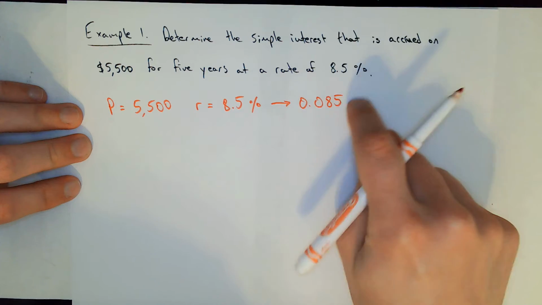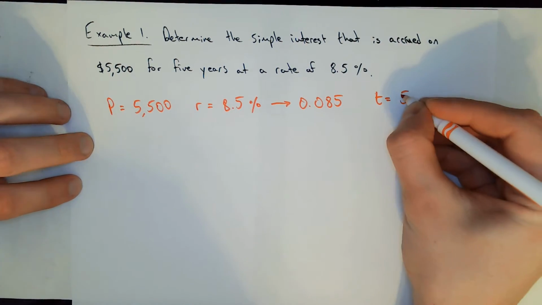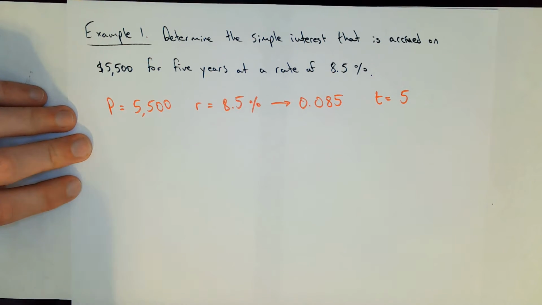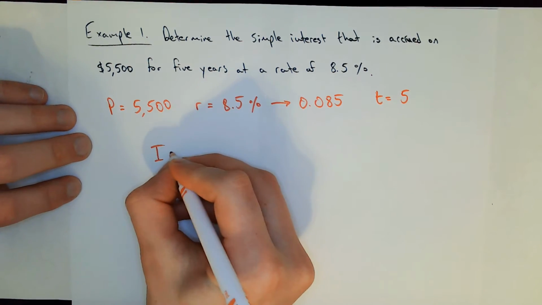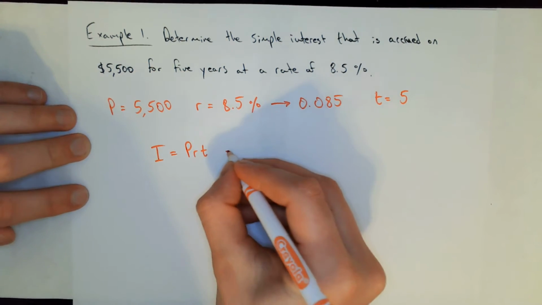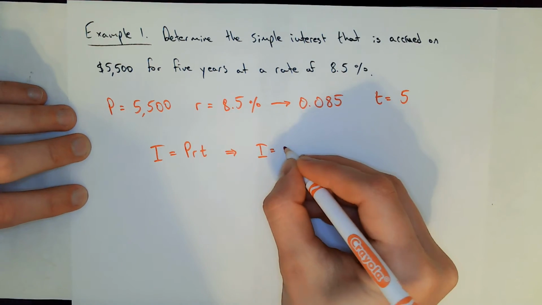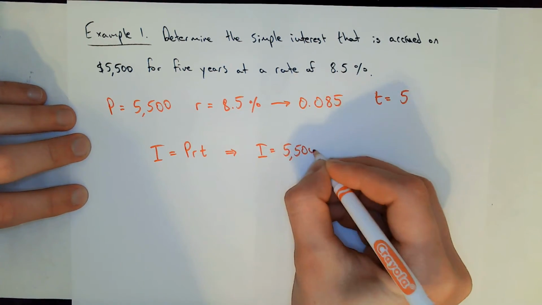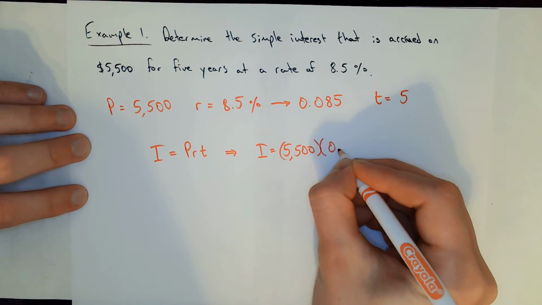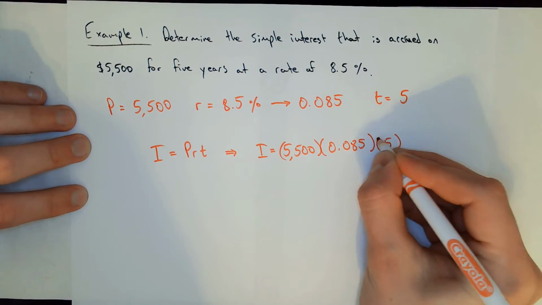So this is what gets used in our calculations. And then T is 5 years. I is equal to PRT, which is going to turn into I is equal to 5,500 times 0.085 times 5 years.